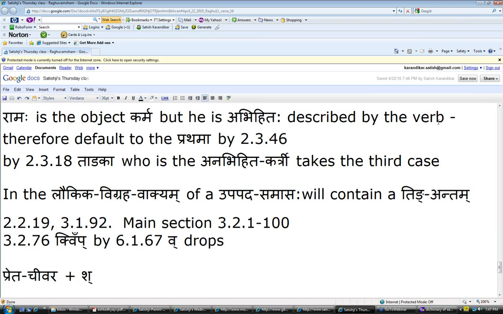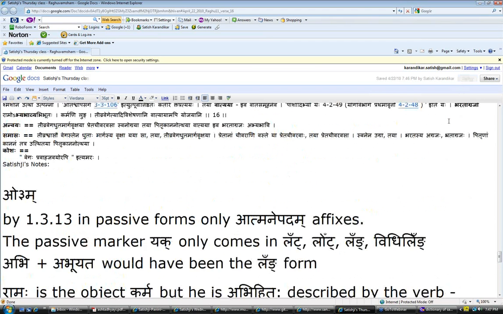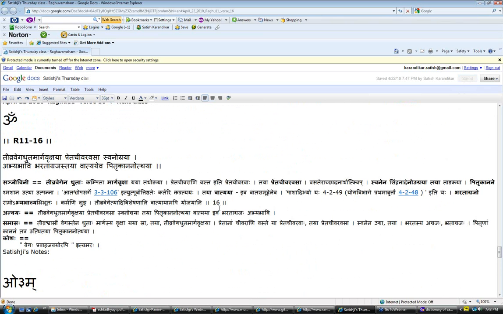Because why the pratyaya shas is because this is the karma, the object of that. Because Smalinatha told us that you can look at the Laukika Vigraha and then connect back to the preta chivarani vaste iti preta chivaravaha.